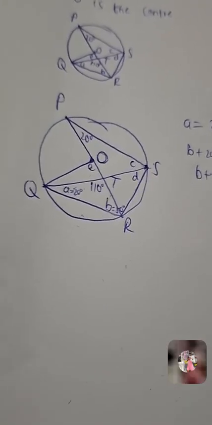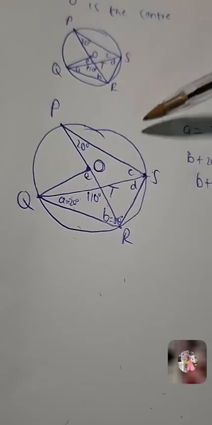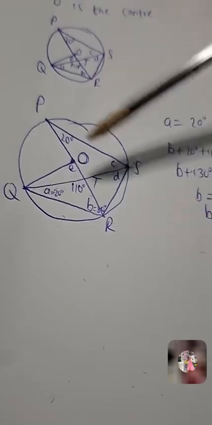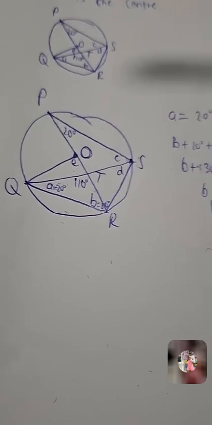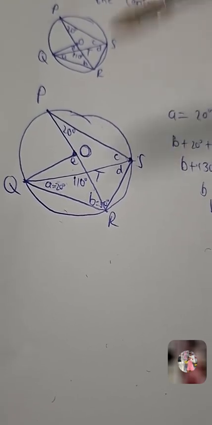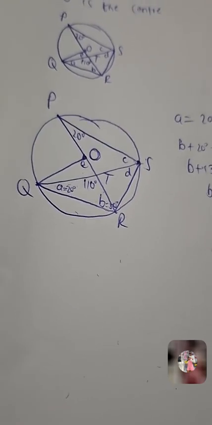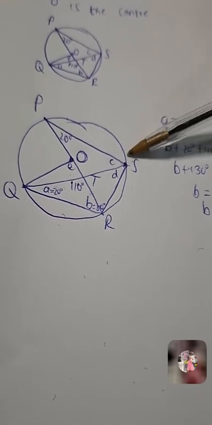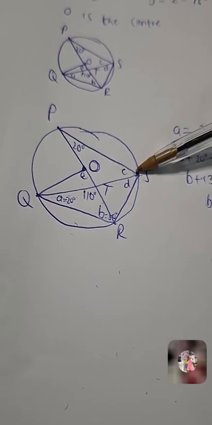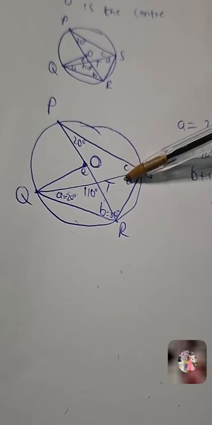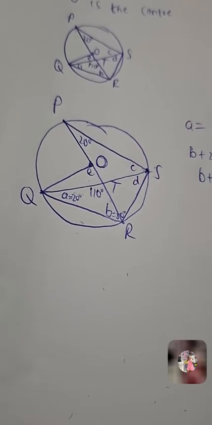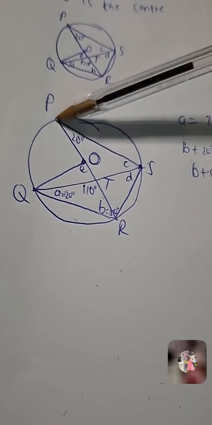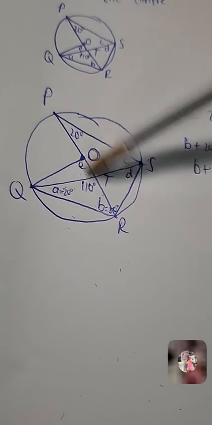I think you were going in that direction, and maybe you should still check it out. Angle S is 90 degrees. Wait, is PR the diameter of the circle? PR is the diameter of the circle.